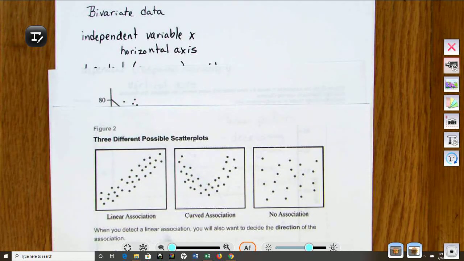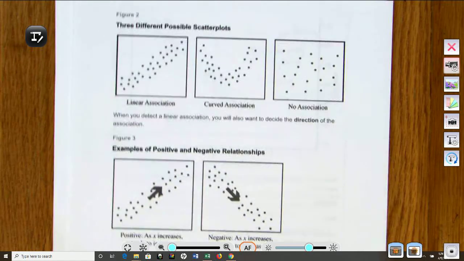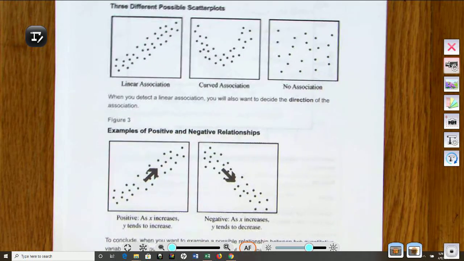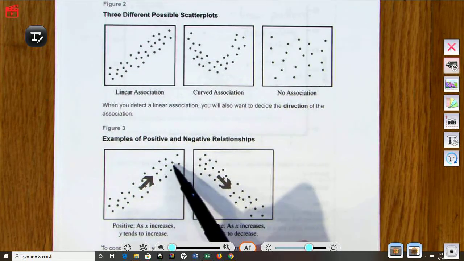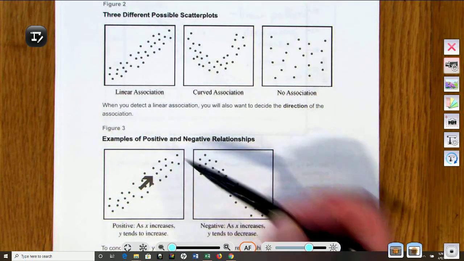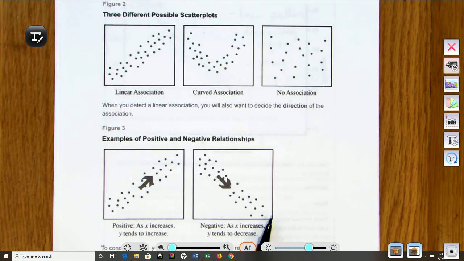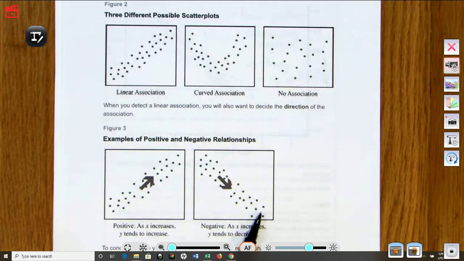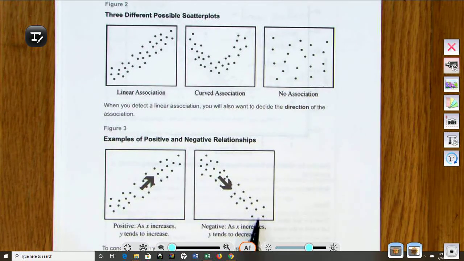Those are the three different shapes we're going to look for. And then we'll look for positives and negatives. This would have an upward trend, so we would say it's a positive trend. In other words, as this increased, this increased. Here is a negative trend. It's going down. As this increases, this decreases.